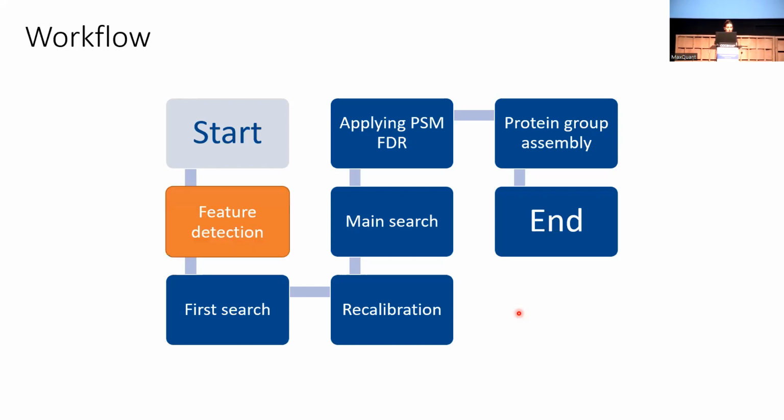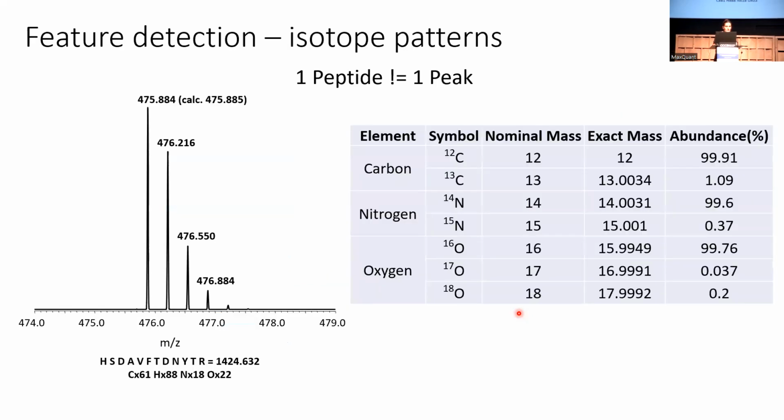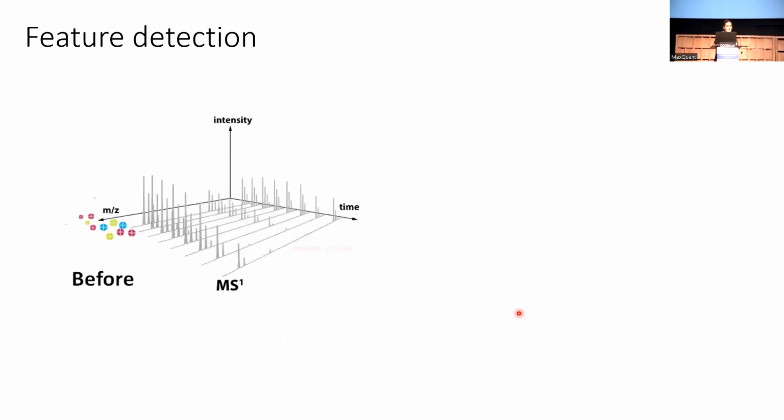We press start, and the first thing that MaxQuant will do is feature detection. What do we mean by that? MaxQuant will do 3D feature detection, but what do I even mean when I say feature?